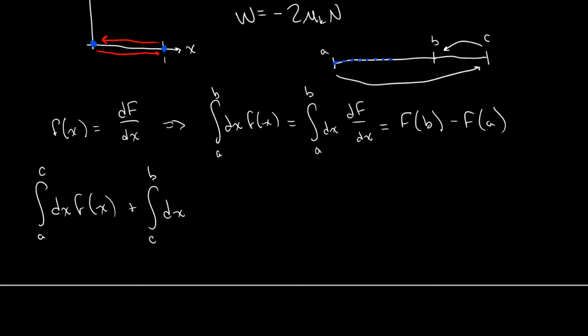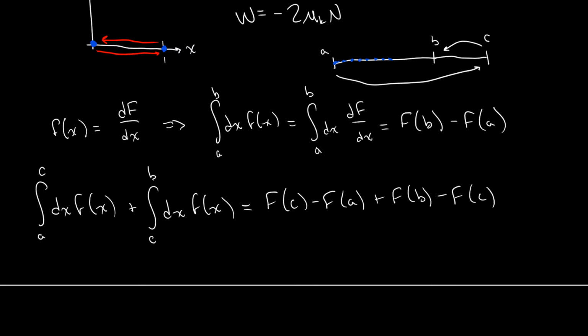We just split it up into the two pieces, and just by applying what we did up here, we can write this as F of C minus F of A plus F of B minus F of C. And what you see is that these two pieces cancel, and I'm left with the exact same thing as I had before. Obviously this generalizes to any number of stopping points that I make, but the intermediate pieces always drop out. They always cancel in this way.